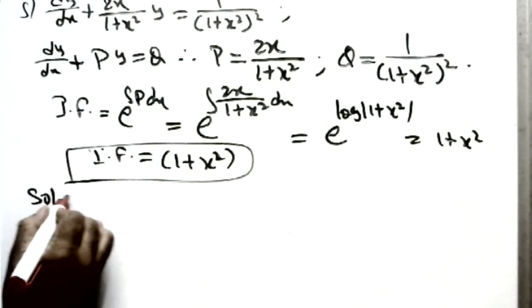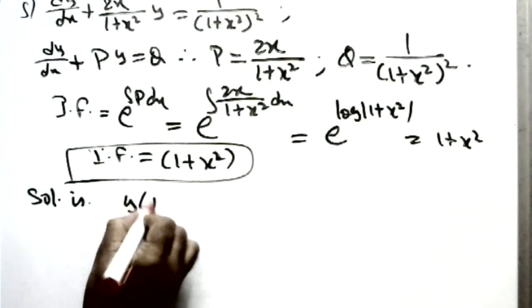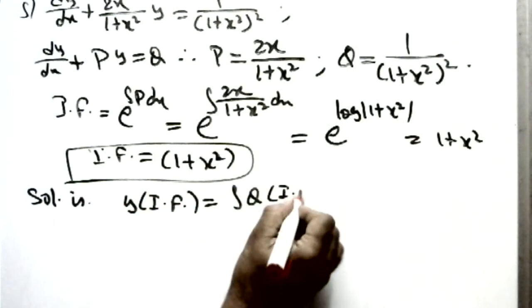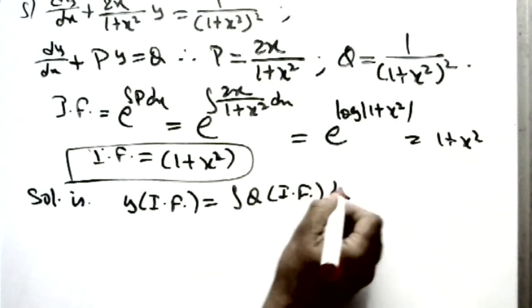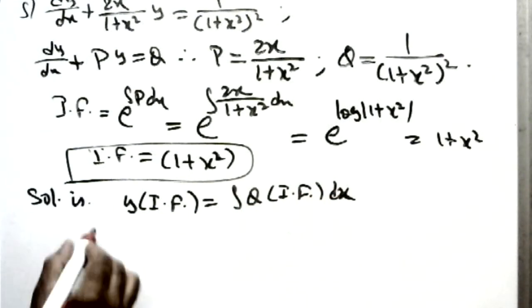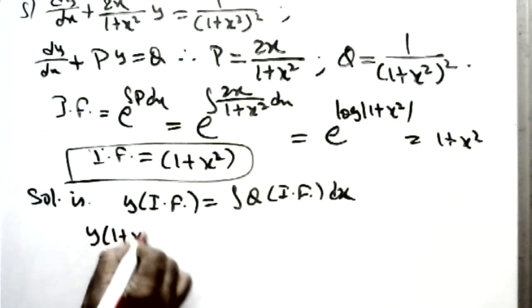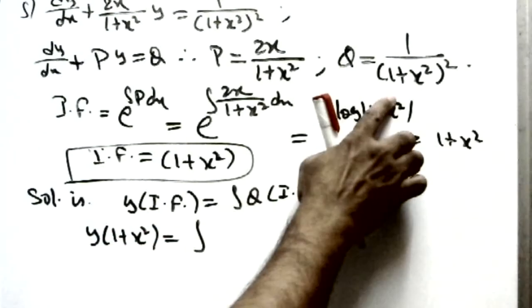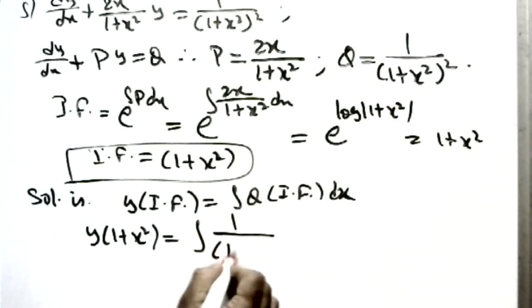Now the next step is the solution. What is the formula of the solution? y into the integrating factor equals integration of Q into the integrating factor dx. So y into the integrating factor is y into (1 plus x square). Integration of Q, what is the value of Q here?